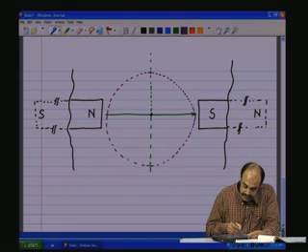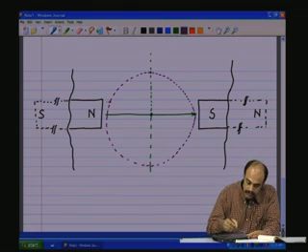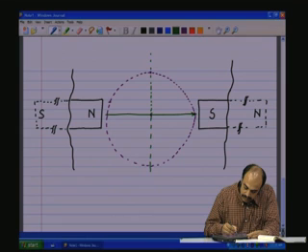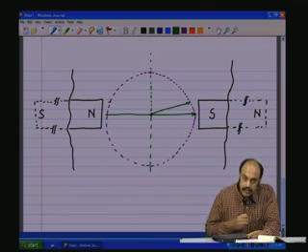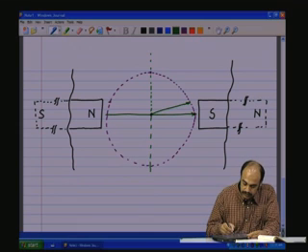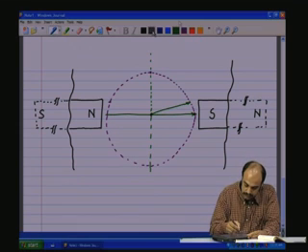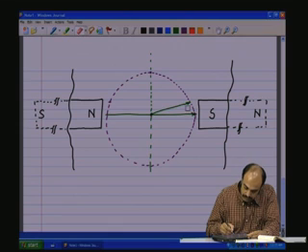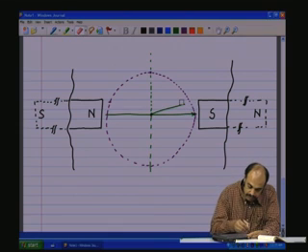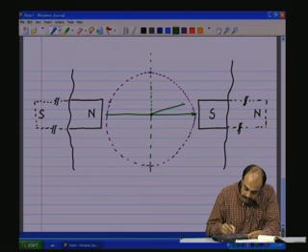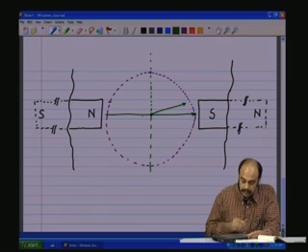At any other direction, let us say when we are at a point here, then the field will be a bit reduced compared to the position on this, because it is not directly in line.